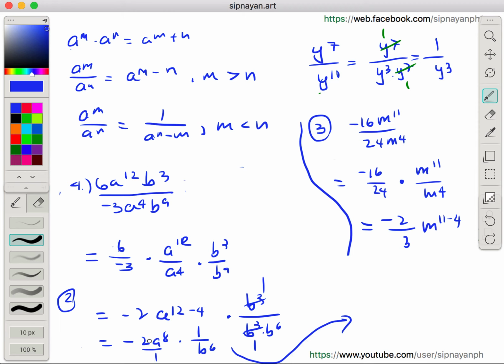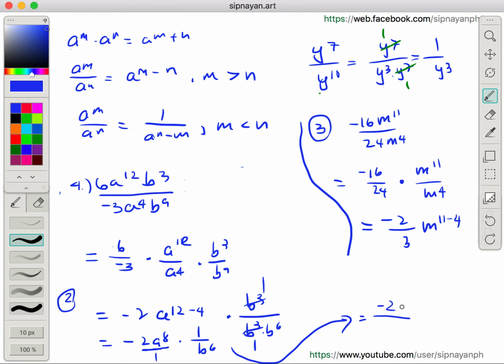Pwede tayong negative 2 over 1, a raised to the 8 over 1, sorry. But pwede nang sabay, no? Kasi pag nag 1 times 1 tayo sa baba, 1 pa rin yun. So, pwede na natin isabay. So, that is negative 2a raised to the 8th power times 1, yung ating numerator.